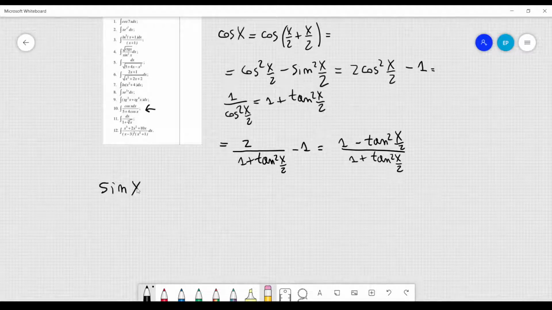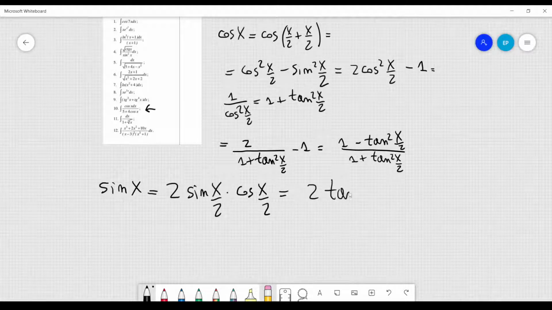The sine of x is equal to 2 sine of x over 2 times cosine of x over 2. Let's rewrite this as tangent of x over 2 times the cosine squared of x over 2.